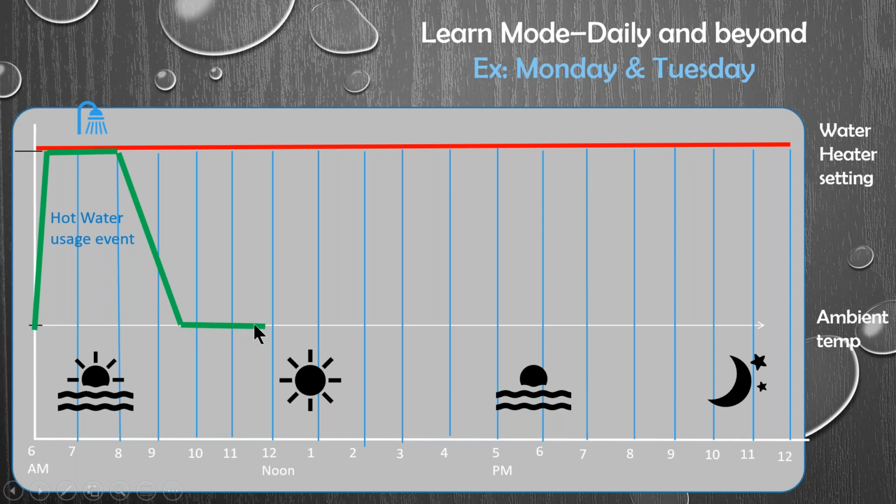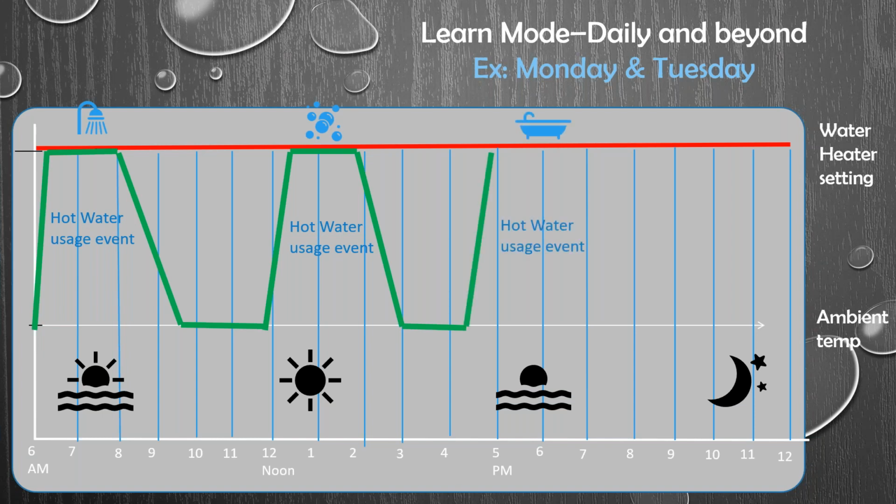Now on Monday and Tuesday, somebody's home, some laundry was done, around 1 o'clock, again, a little bit before, a little bit after the circulator runs, then it shuts down, and then in the evenings, we've got baths for the kids, a little bit longer. Maybe there were 2 events, back-to-back baths for 2 different kids, so it stays on a little bit longer, and then it shuts off, and then it stays off the rest of the night until the next day.